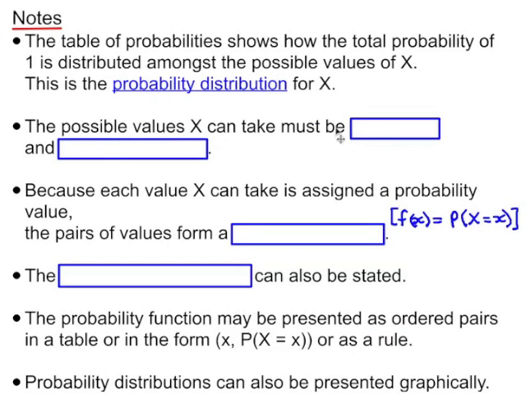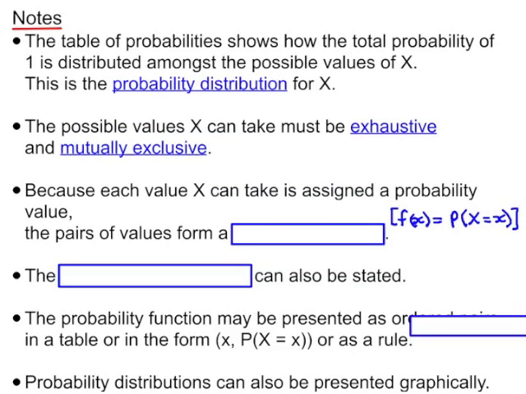The possible values x can take must be exhaustive, which means that we include all of the possible values. In the case of flipping 3 coins and counting the number of heads, the possible values are 0, 1, 2 and 3. They must also be mutually exclusive. So when flipping a coin 3 times, you can have 0 heads, or 1 head, or 2 heads, or 3 heads, but you can't have more than one of these values at the same time.